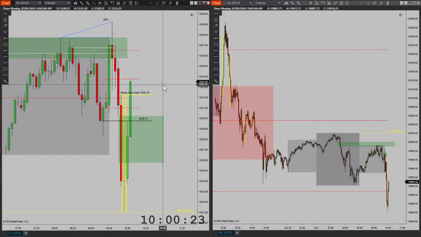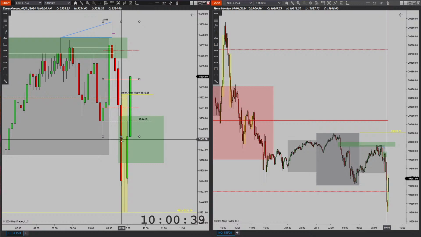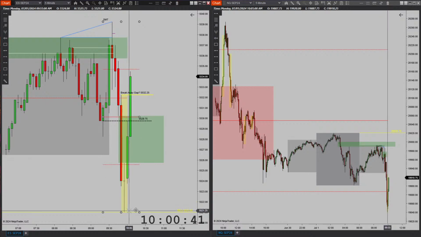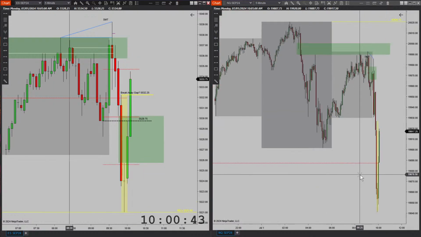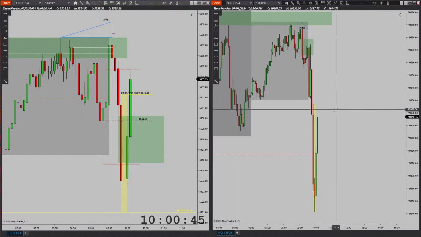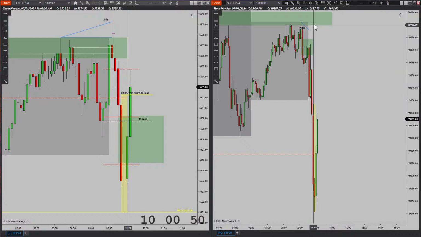I want to see price develop a wick. I want price to wick into this gap over here. We are. Yep. This is the previous dealing range on the lower time frame, and we are taking the lows out. There you go, perfect. Let's go.